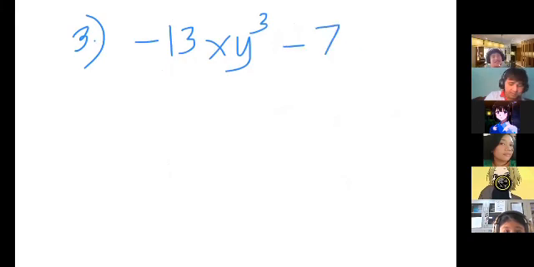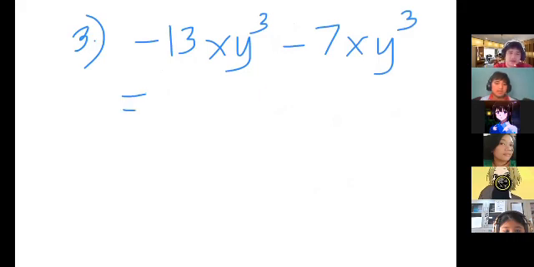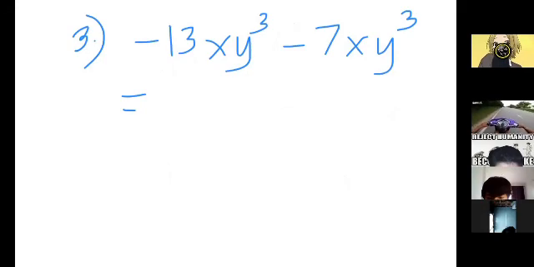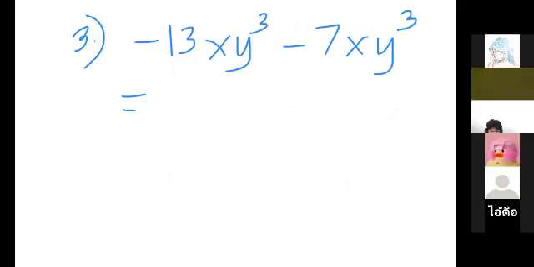Same. Negative 13xy cubed minus 7xy cubed. What is this? I'm going to call Pupa, one of the handsome boys. Yes, what's the answer? Negative 20xy to the exponent 3.